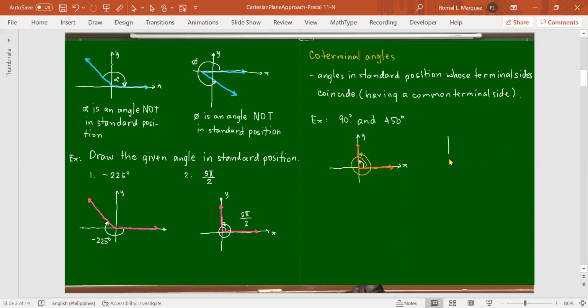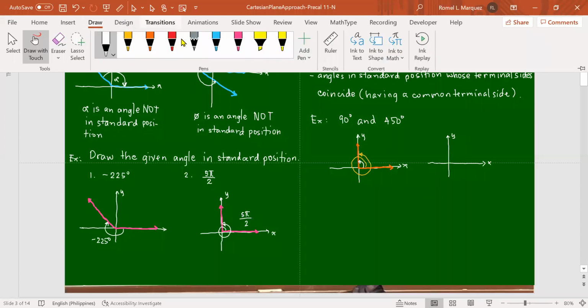What about if I have this angle, for instance? Here, this is X, Y, and let's consider blue.